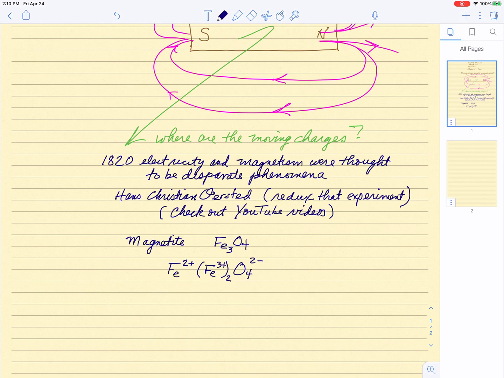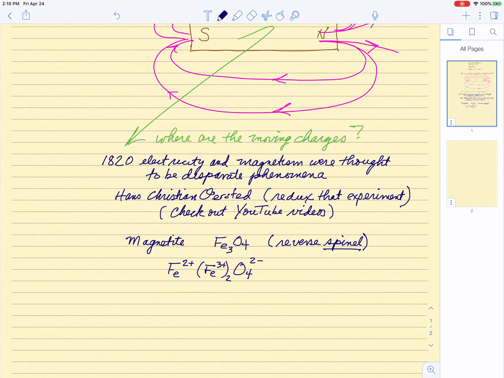Okay, and again, the crystal structure of this is what is called a reverse spinel. And for those of you who are interested, you can look up the spinel structure, and then hopefully you'll be able to better understand what it means to be a reverse spinel.